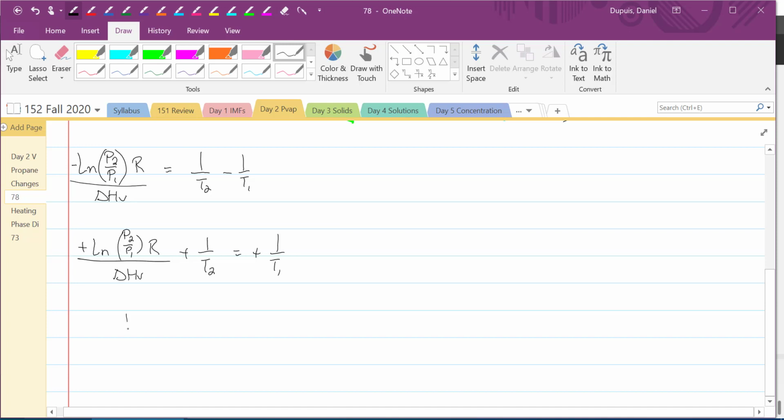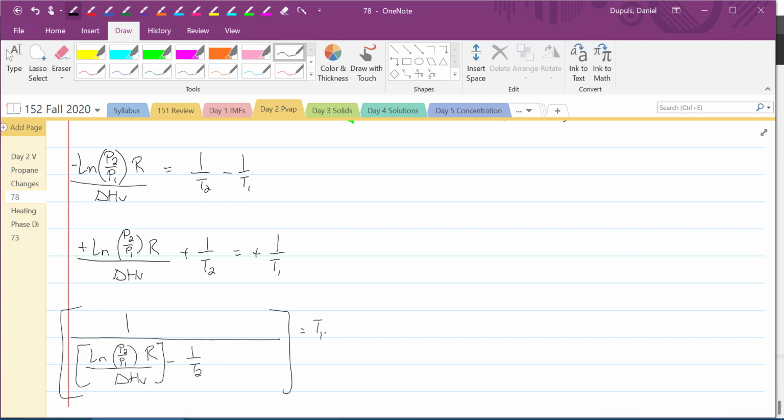So I get 1 over natural log of P2 over P1 times R over delta HV plus 1 over T2. That has to be done first. Equals T1.